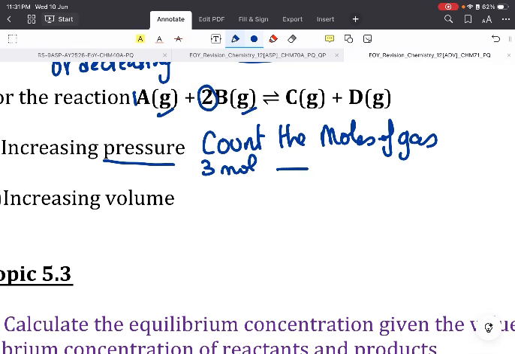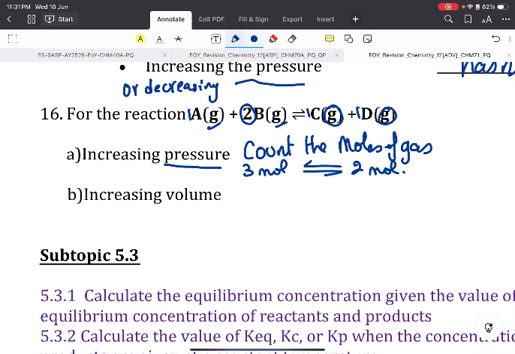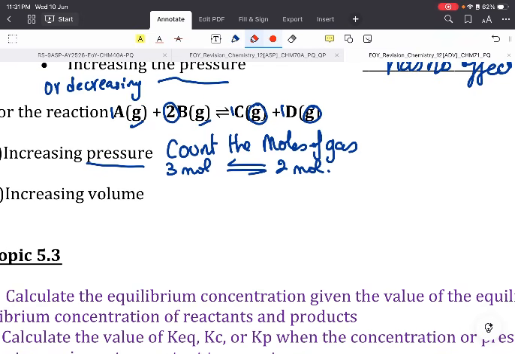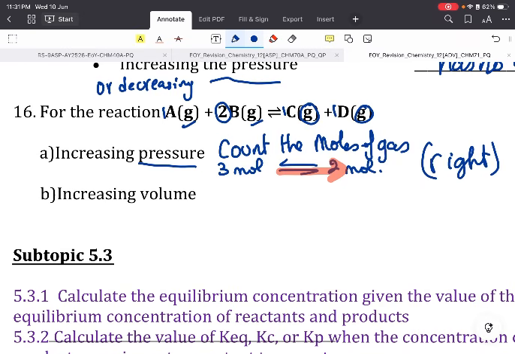So I have 3 moles versus 1 mole of gas, and another 1 mole of gas versus 2 moles. When we increase the pressure, the equilibrium is going to go in the direction of fewer molecules, and fewer molecules means in this direction. So we're going to answer: equilibrium will shift to the right.